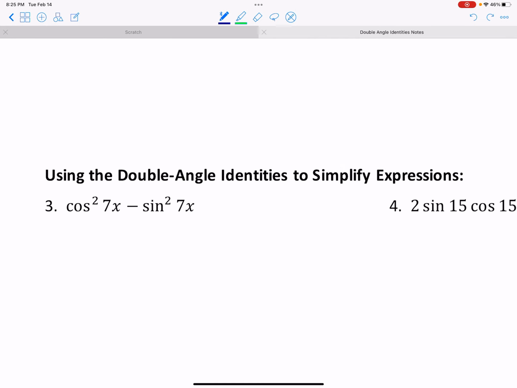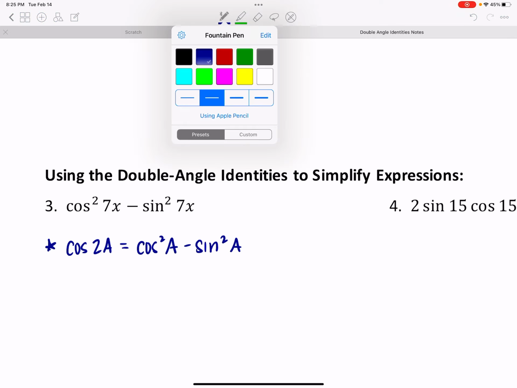So our formula, just to bring that here and not have to page flip, says if I have the cosine of twice an angle, it's equal to the cosine squared of that angle minus the sine squared of that angle, right? So I'm calling the angle A in the formula, but in the picture we're seeing, A is going to be replaced by 7x.